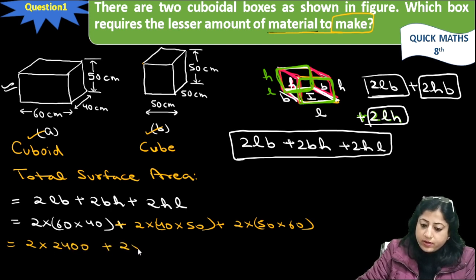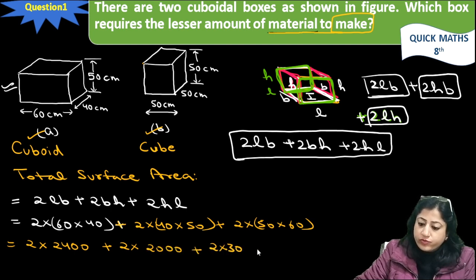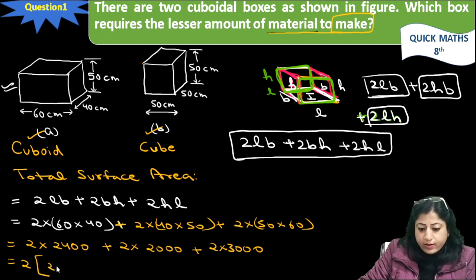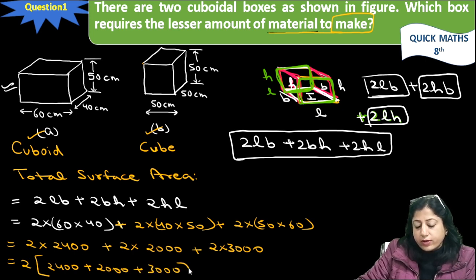2400, plus twice of 2000, plus twice of 3000. You can take 2 common. It will be 2 times 2400 plus 2000 plus 3000.